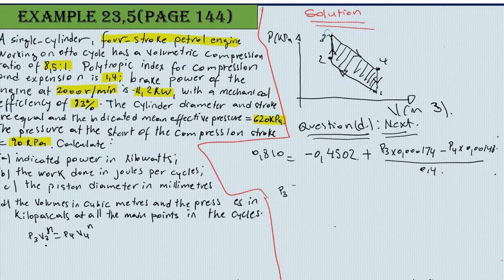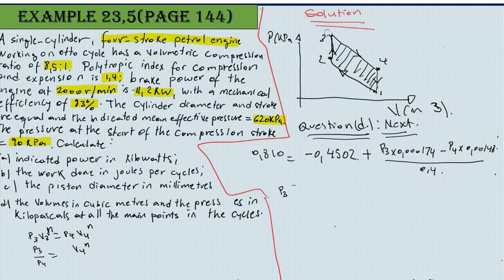Now if I send V3 to the other side, I'm going to have P3 over P4 is equal to V4 to the power of n.